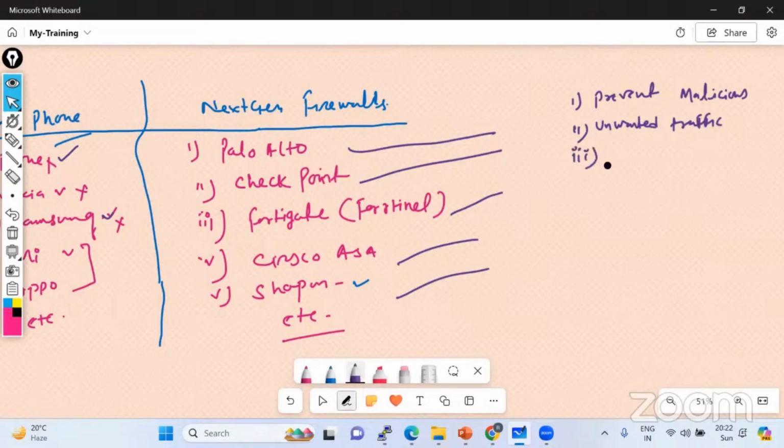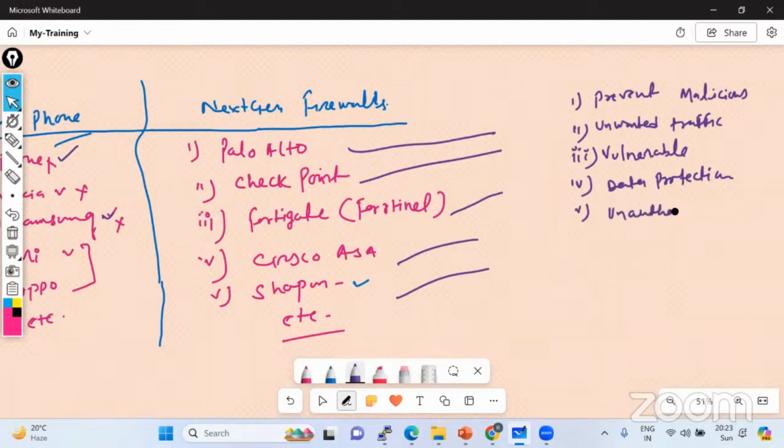They also make sure your network does not have any vulnerability, right? They also make sure data protection is there, right? They also make sure unauthorized access is blocked, right?